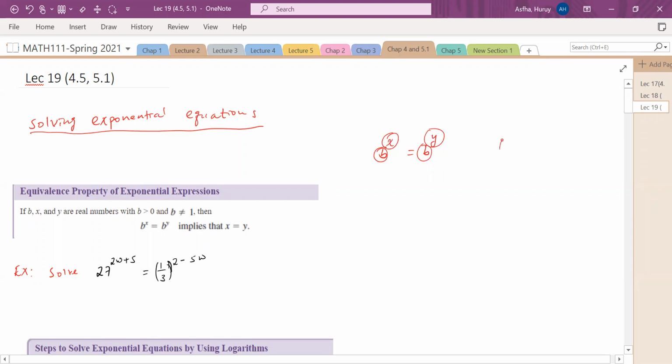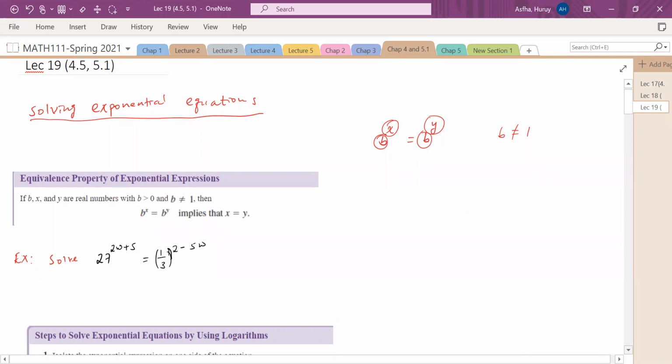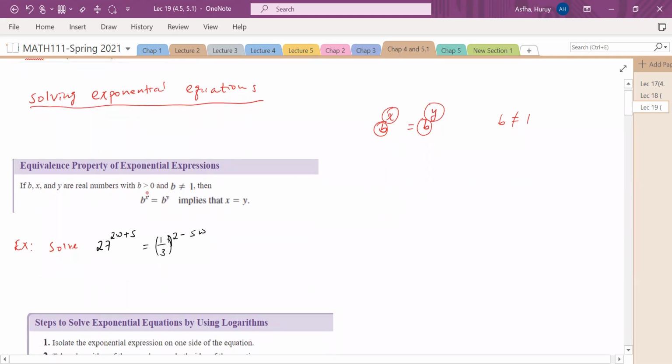In this case, b has to be different from 1, because that's part of the restriction in exponential expressions. This property is very useful, and we will see what I mean by this.